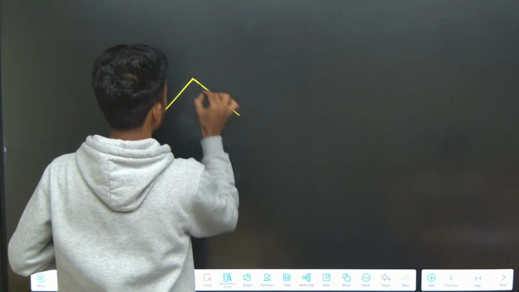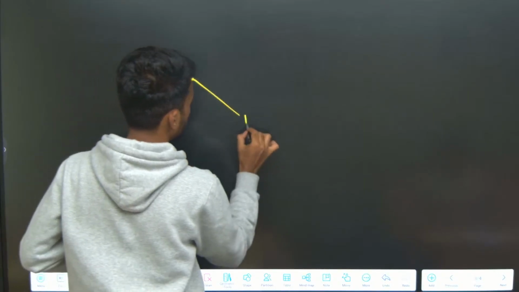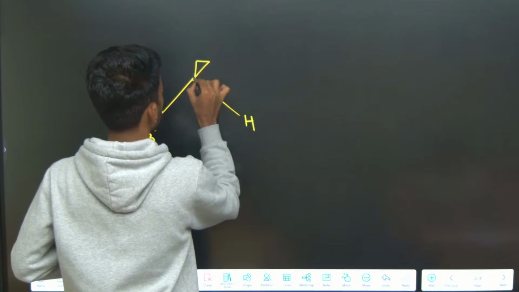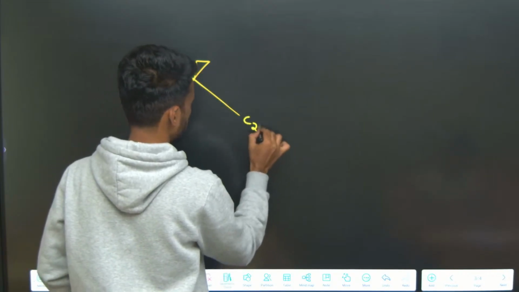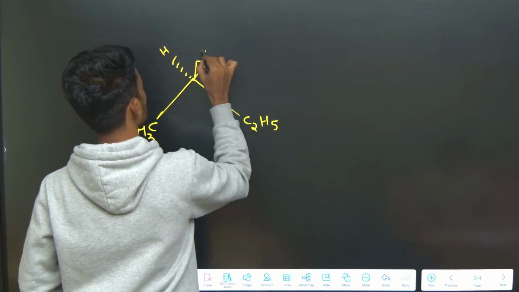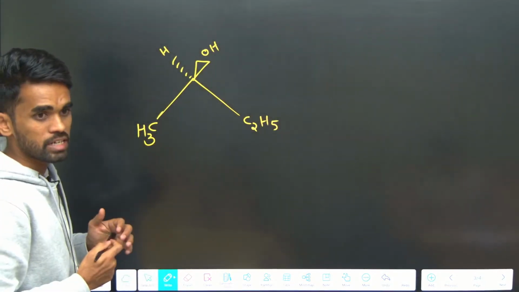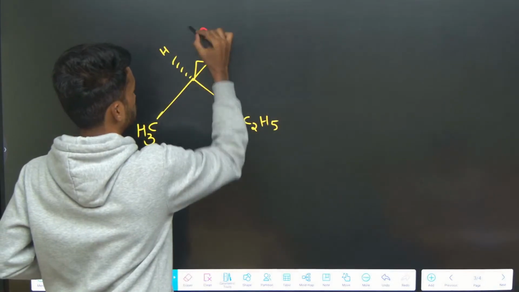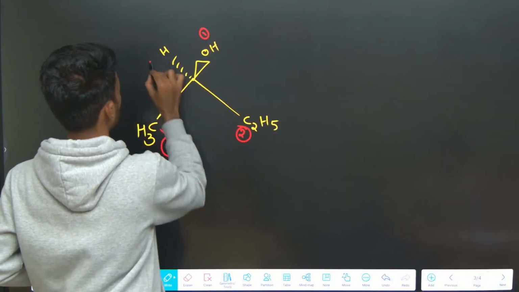Now let us take one example. This side is CH3 and here one hydrogen, one C2H5 group, one H and one OH. Tell me which group has more priority here? 1, after that 2, 3, 4. Clockwise.